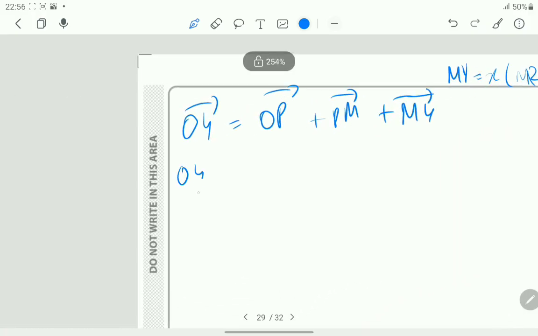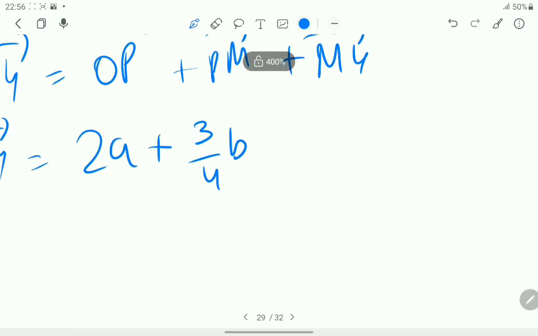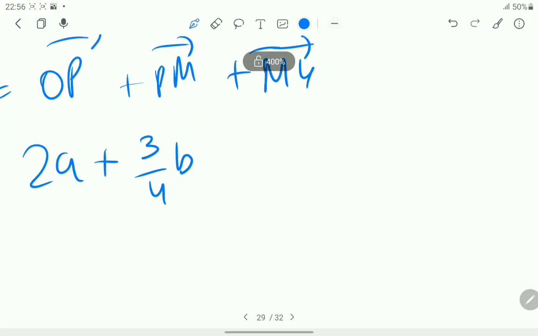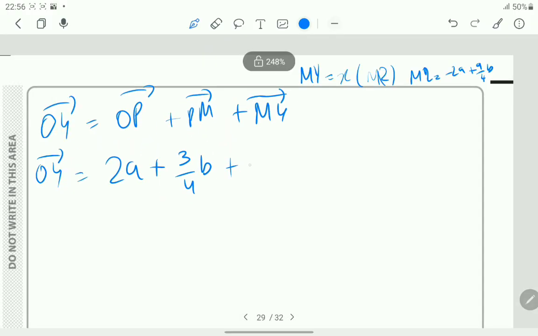Now solving, we get 2a plus PM would be 3/4 b, since it's 1/4 of 3b, it's 3/4 b, and MY would be x times (minus 2a plus 9/4 b).